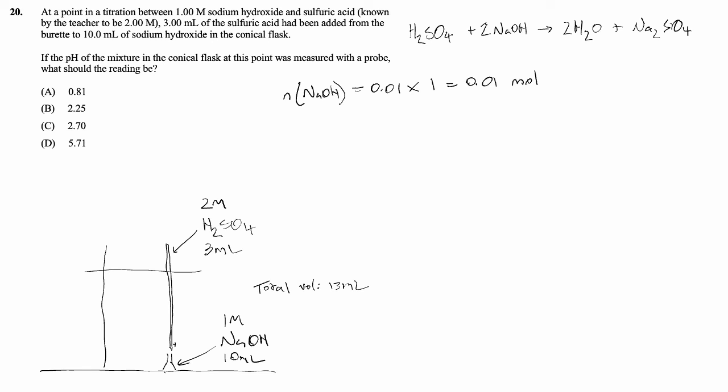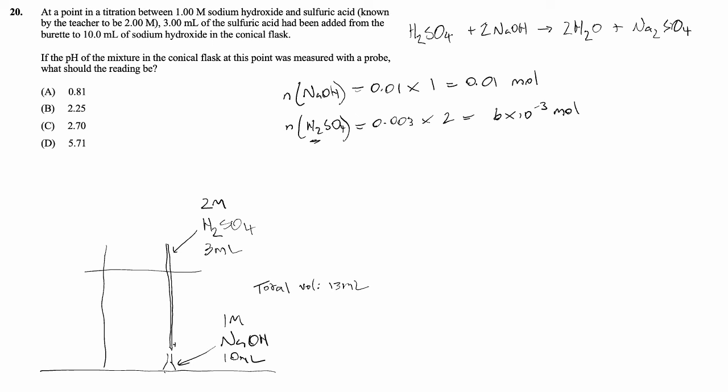Now we're going to do it in a two-step fashion. Let's work out the number of moles of H2SO4 added. Volume is 3 ml, 0.003, times the concentration, which was 2 molar, gives us 6 times 10 to the negative 3 mole. Now we're actually interested in the number of moles of hydroniums or H+, and for each one H2SO4 we get 2 hydronium ions.